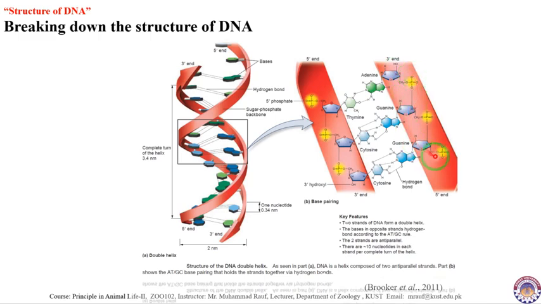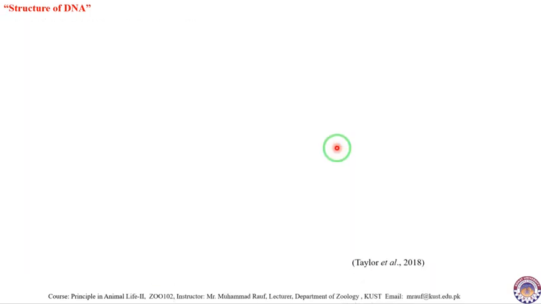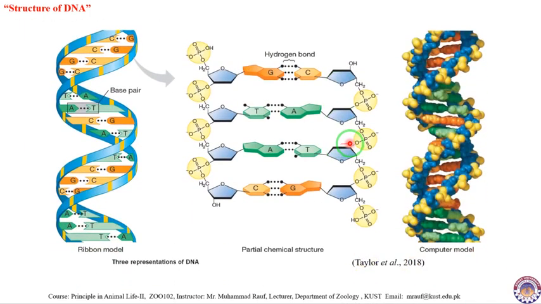So that's the reason why the two strands of DNA are oriented in opposite directions, meaning they are anti-parallel to each other. Now we have discussed one big characteristic of DNA, which is that the strands are anti-parallel to each other.